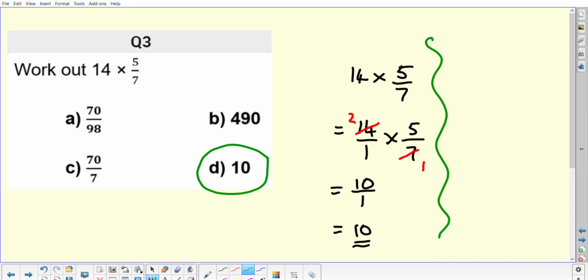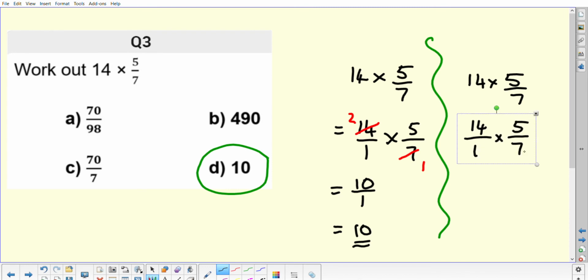If you didn't do the cancelling, your working would have been the following. You'd have 14 times 5/7, you would still have that 14/1 times 5/7.